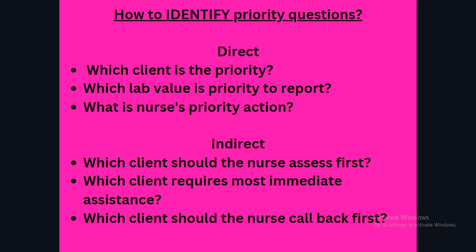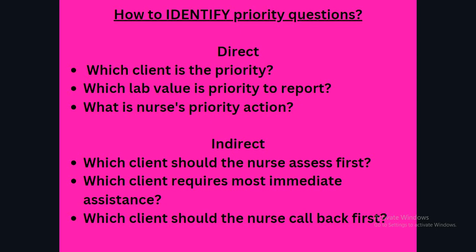So how will you identify in your NCLEX exam which are the priority questions? There can be two types of questions. Either there will be direct questions in which, after giving you the scenario, they will ask which client is the priority, or which lab value is the priority to report, or what is the nurse's priority action.